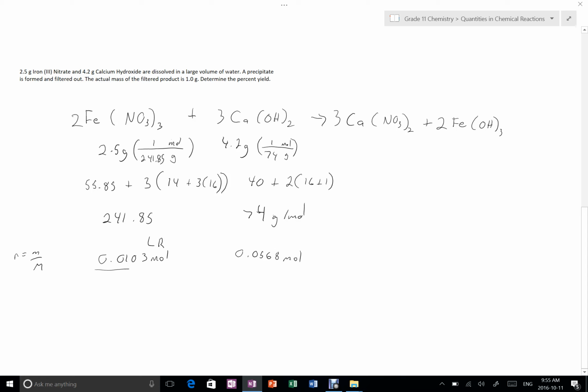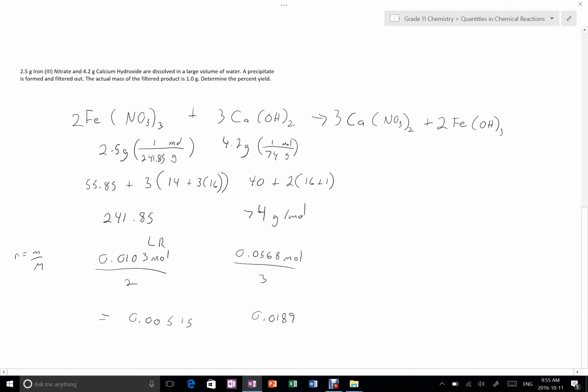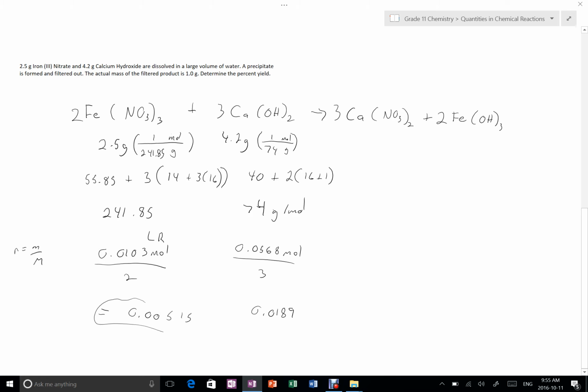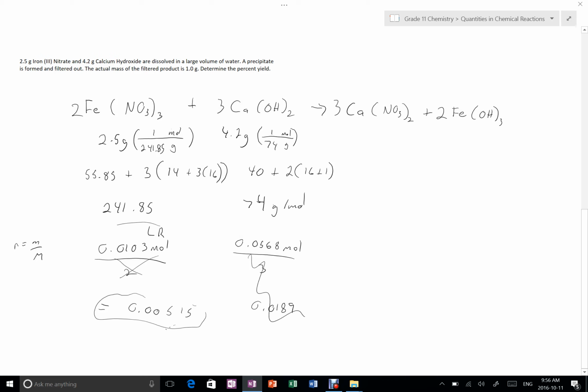And this one was 0.00515, and so obviously this one can only do less of the reaction, and so this was the limiting reagent before I did all this stuff, as predicted. This one is going to run out before that one because this number is smaller. So I'm going to use it to predict future amounts, and I'm basically going to neglect the other.